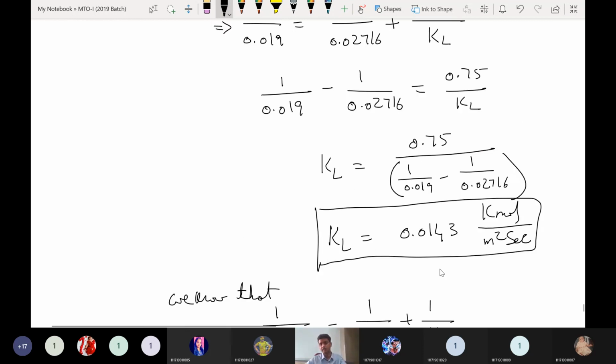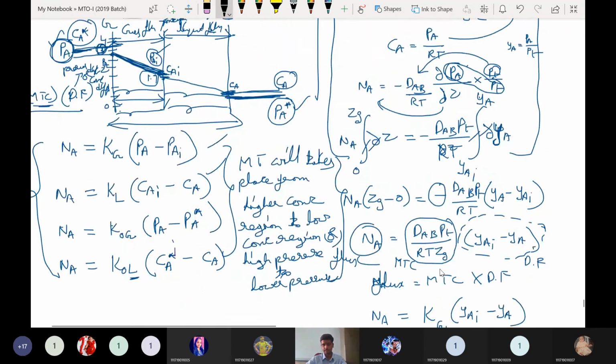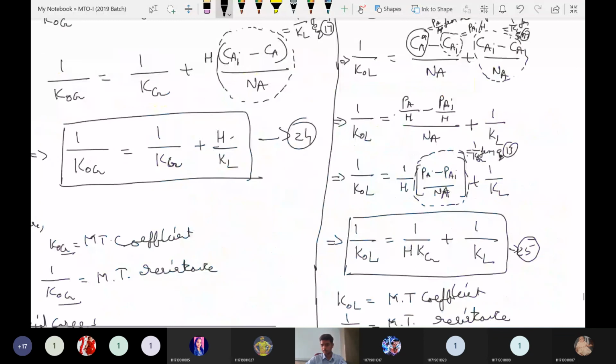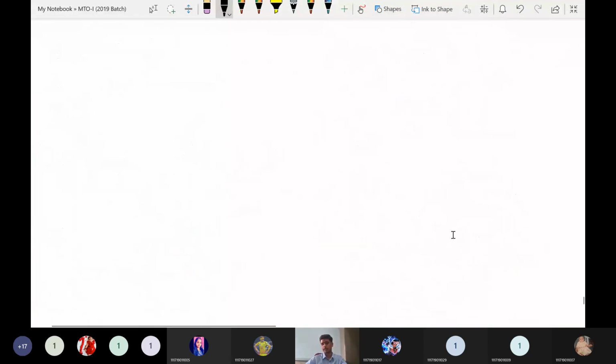This is for the liquid phase, which we have derived. So 1 by KOL is equal to 1 by H kg plus 1 by KL from equation 25. From that we can calculate the overall liquid phase mass transfer coefficient, KOL.